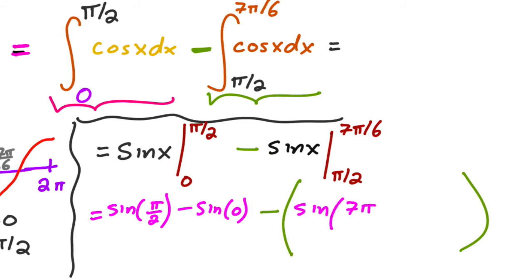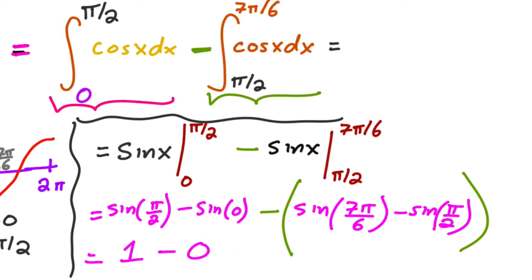So sine of 7 pi over 6 minus sine of pi over 2. Sine of pi over 2 is 1, minus sine of 0 is 0. And then we have minus sine of 7 pi over 6.